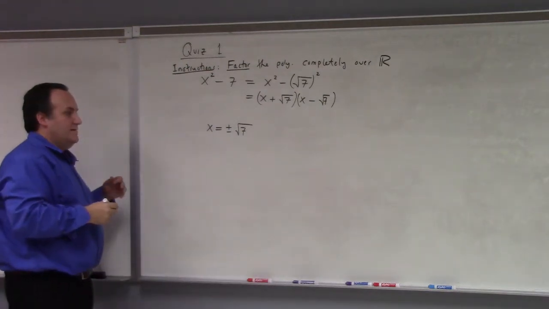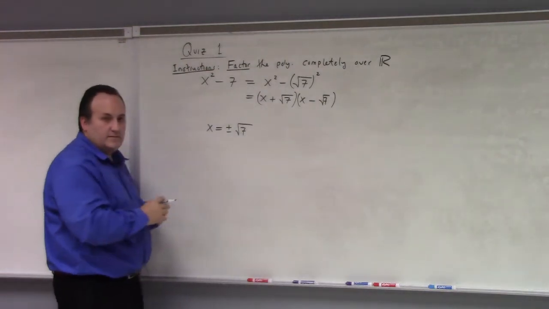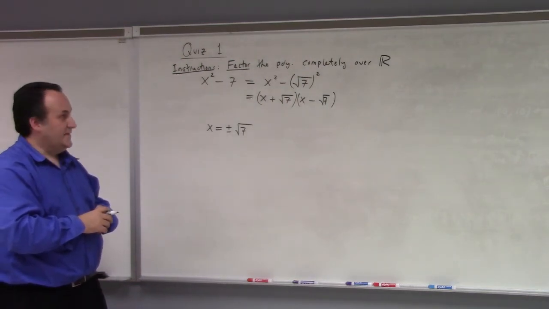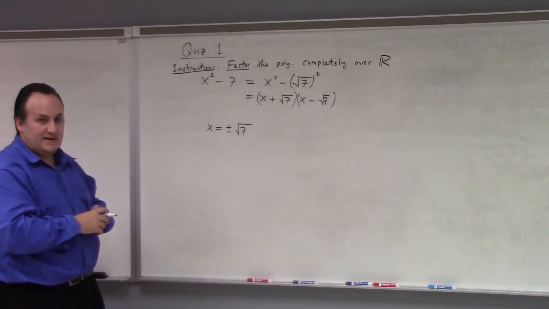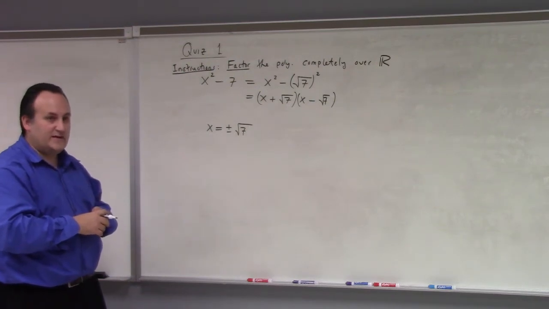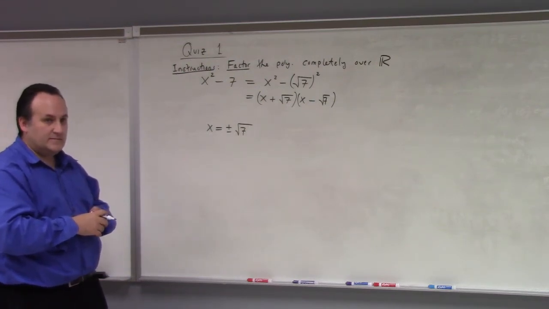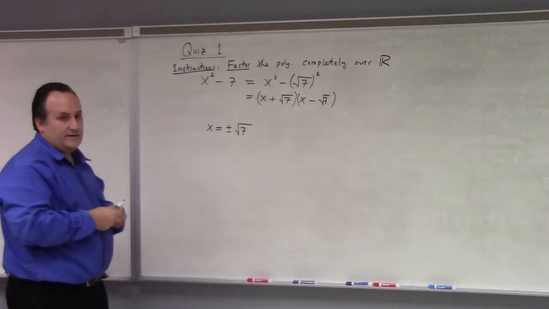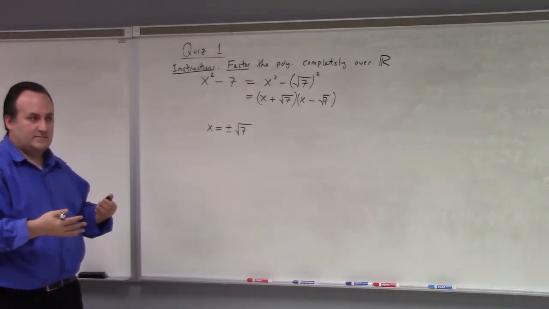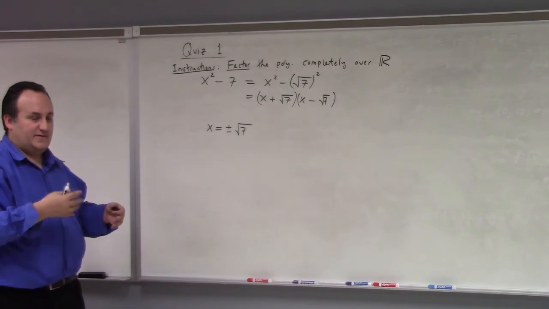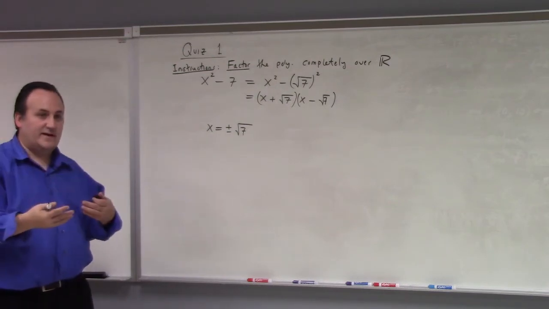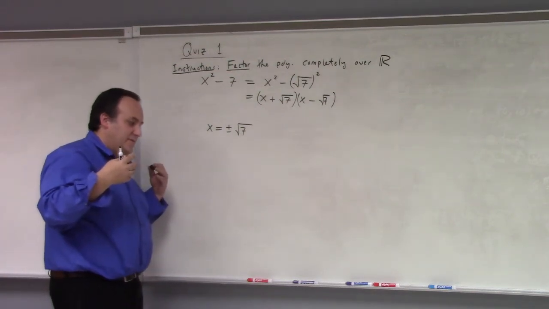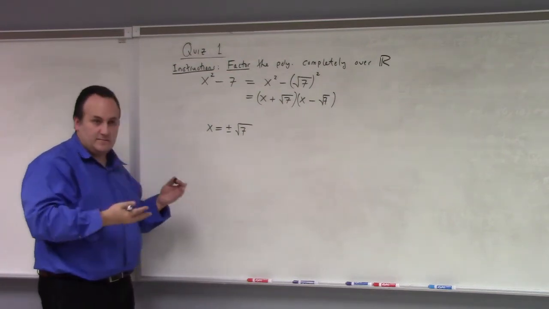So why is this not an answer? That's solving for x, not factoring. That is exactly it, that is solving. That is not factoring. Factoring and solving are not the same thing. So when you're asked to factor, or you're asked to simplify, these key words in the instructions are typically given in problems where the answer is an expression.